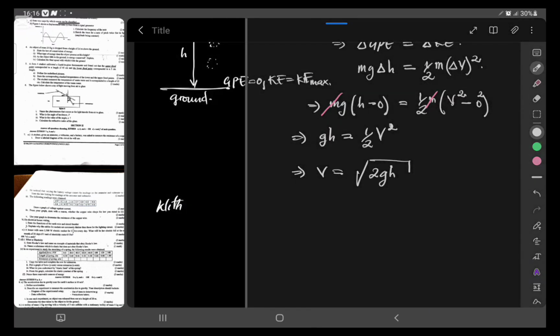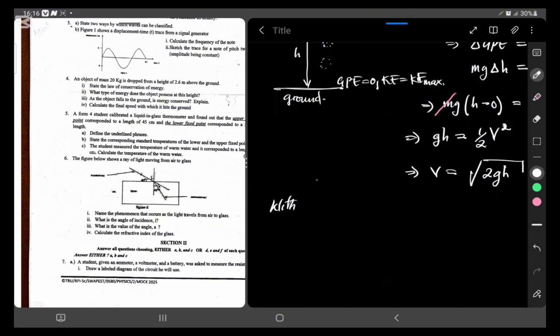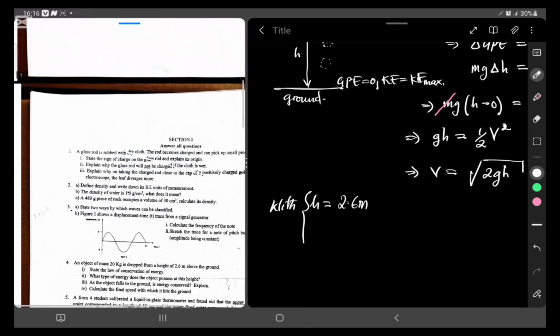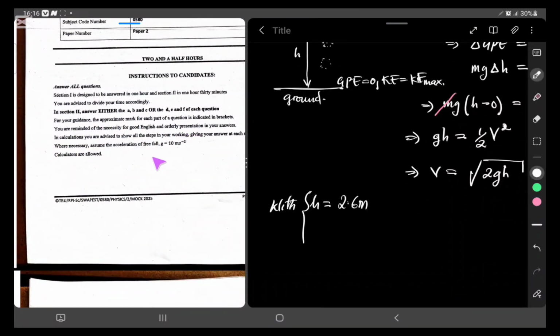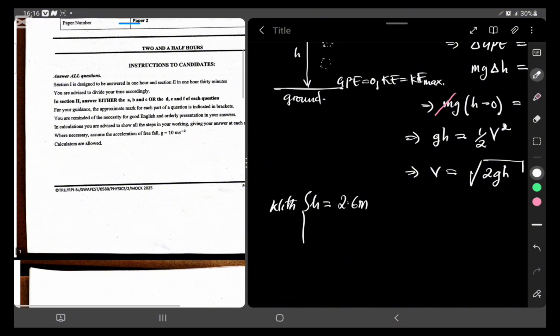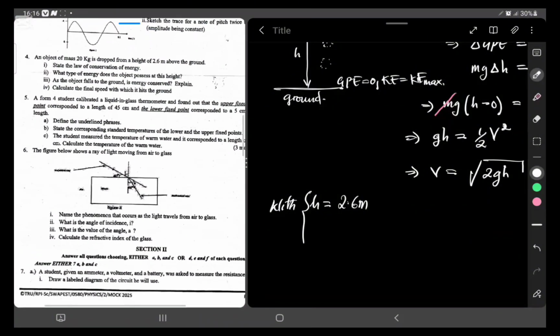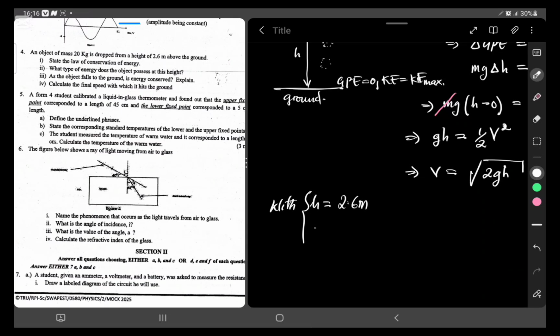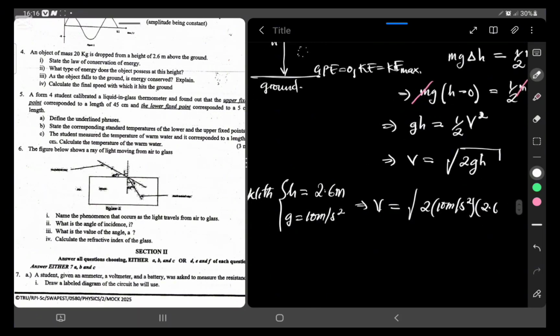Now if you go back to the question, they gave the height h as 2.6 meters, and the value of g that was given to us was 10 meters per second squared. So with h equal to that and g equal to 10 meters per second squared, the velocity becomes the square root of 2 times 10 meters per second squared times 2.6 meters.